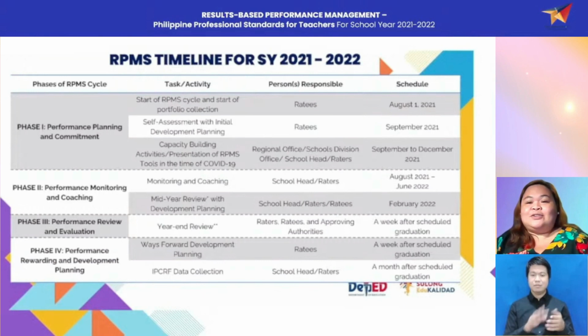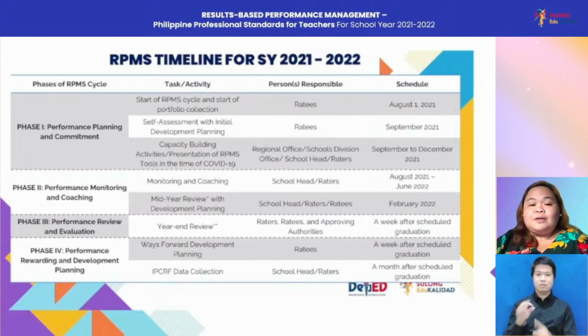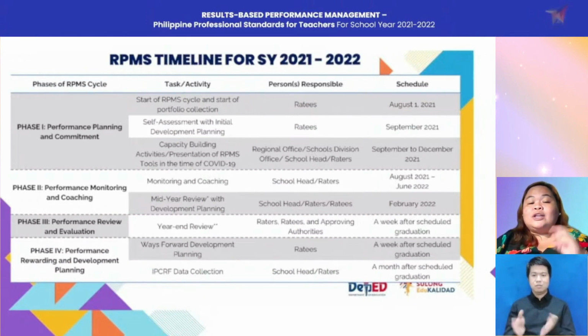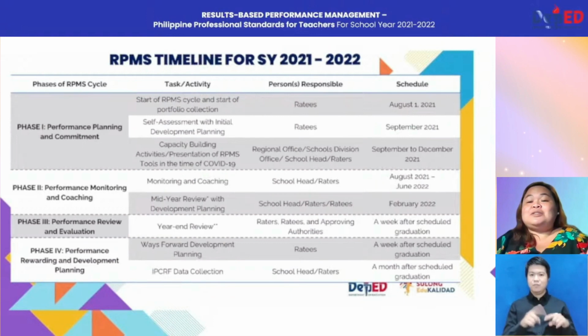But since, ito po yung maraming tanong of our teachers, the DepEd memorandum was issued only this February 2022, Central Office will allow an adjustment on the conduct of activities on these phases, specifically the schedule, based on your context and situation, subject to agreement and negotiation of the rater and the ratee.